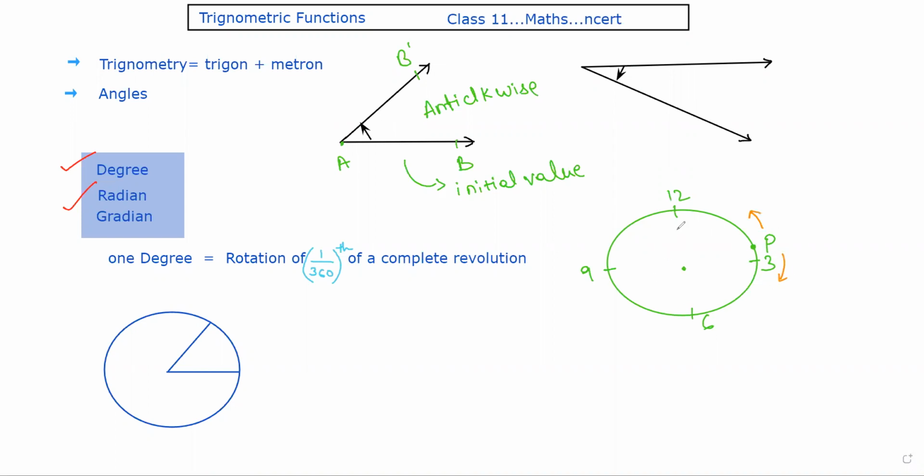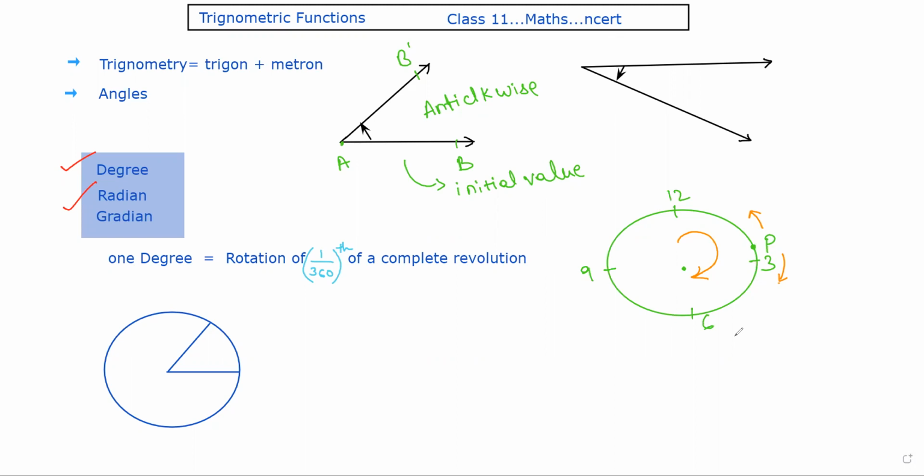We know that as time progresses, the hands of a clock move in this direction. This is called clockwise. So this direction will be clockwise and this direction will be anti-clockwise.